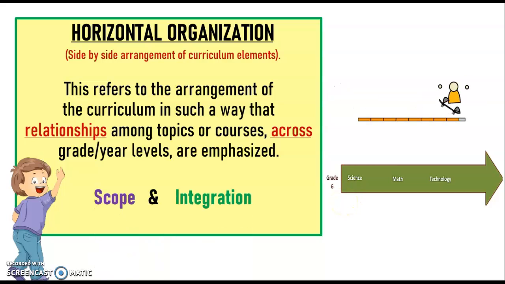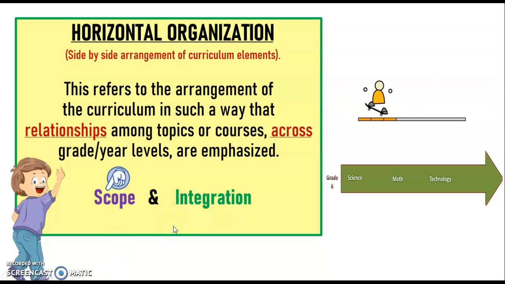So for horizontal organization, we focus on two concepts, scope and integration. When we talk about scope, we're talking about width, the breadth of the curriculum. How much content do we introduce to our learners at any given point?